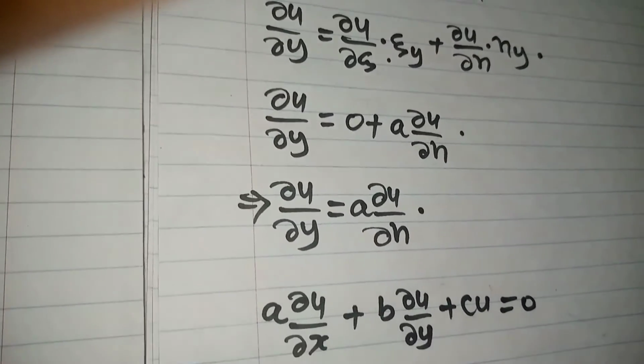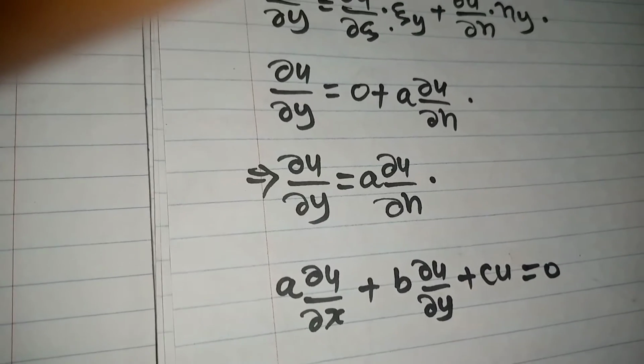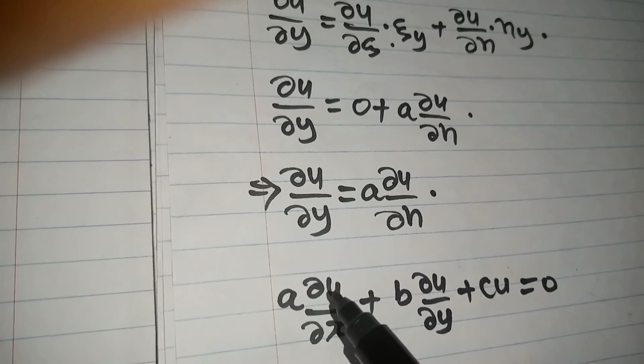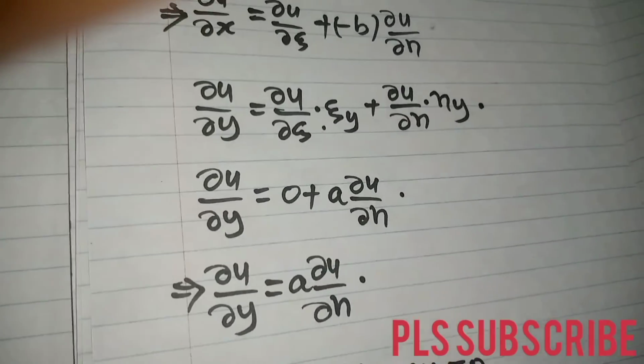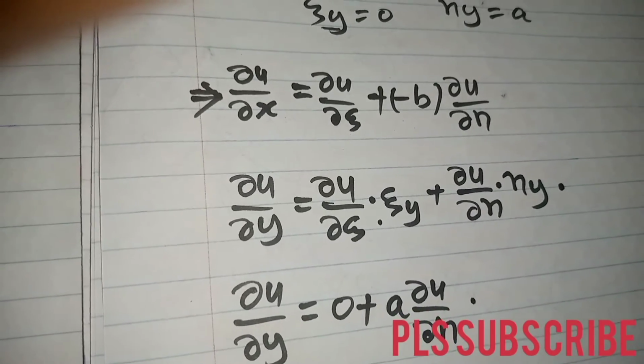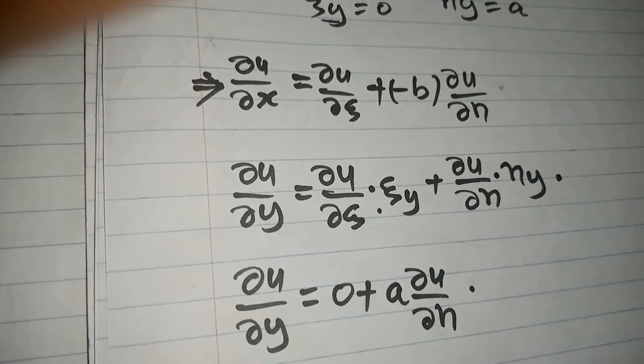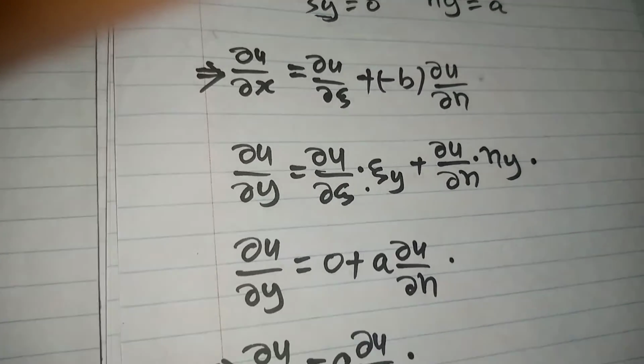So now we are going to substitute them like this. We are going to have a into brackets the partial of u with respect to x. And remember, we obtained the partial of u with respect to x as partial u with respect to xi minus b partial u with respect to nu.